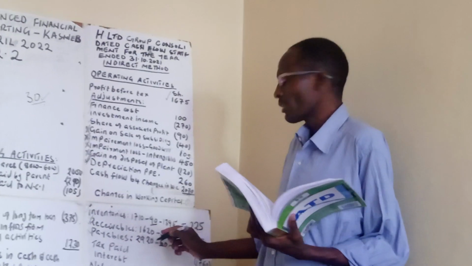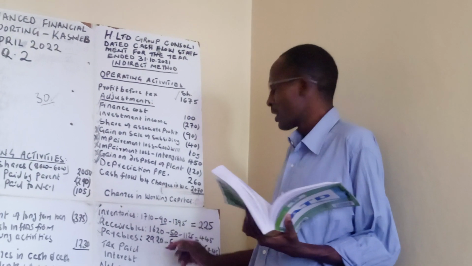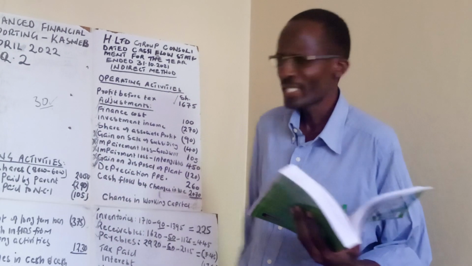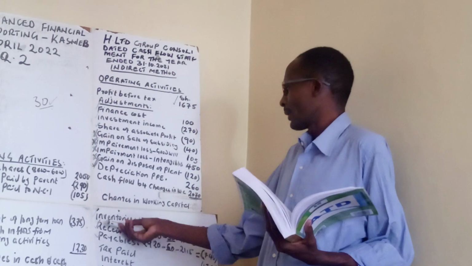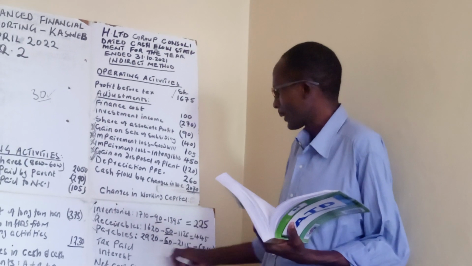So these figures must be deducted. You have to deduct these figures which were in the books of the subsidiary. So you'll be comparing the opening balance and then these figures which were being disposed.